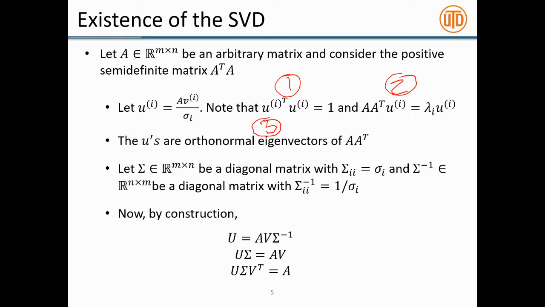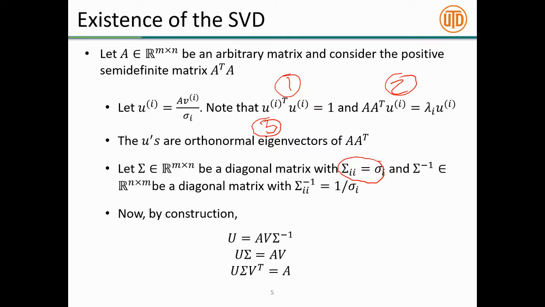So let's define the matrix sigma to be a diagonal matrix with capital sigma_ii equal to little sigma_i. So again, this sigma matrix is supposed to be the matrix of singular values. Its diagonal entries are just given by the little sigmas.